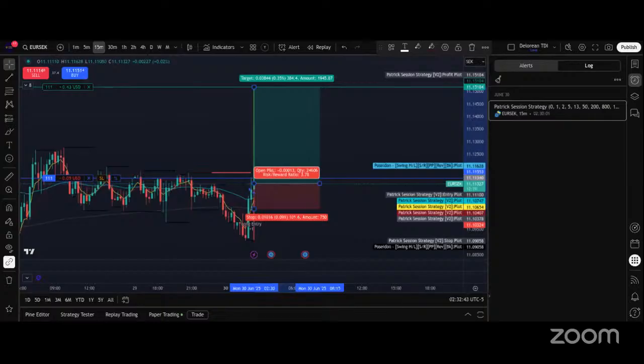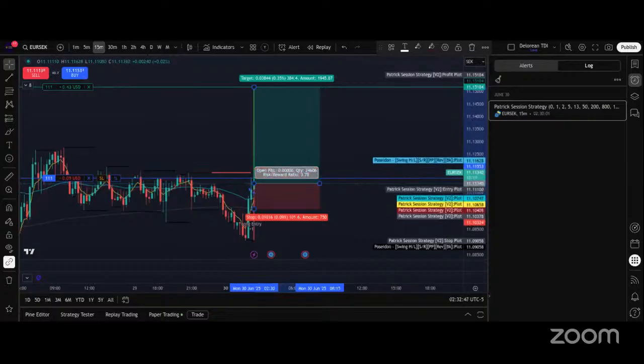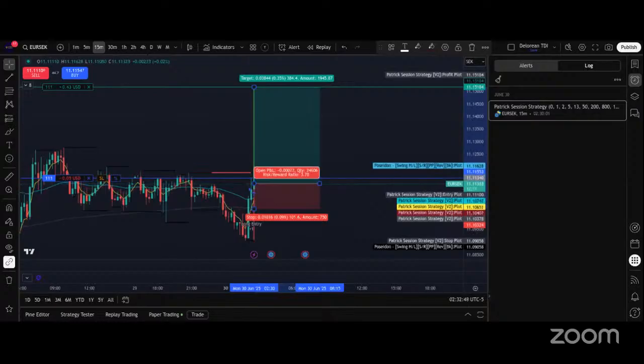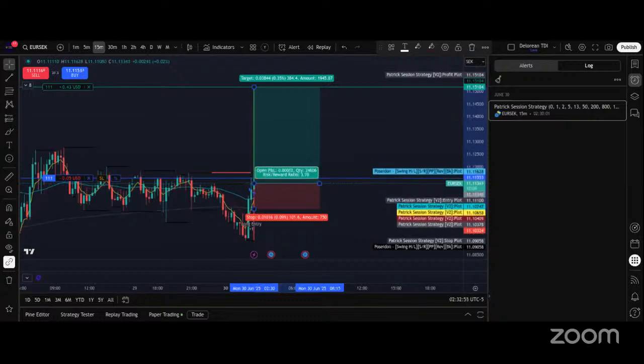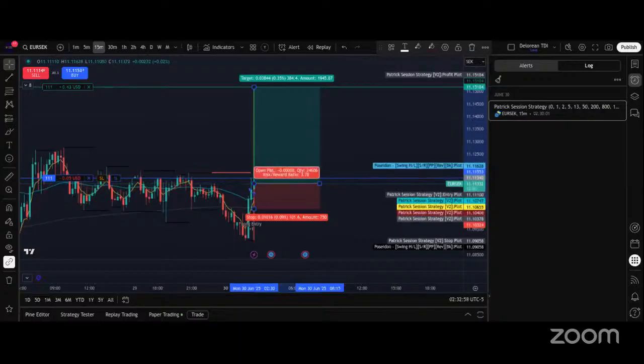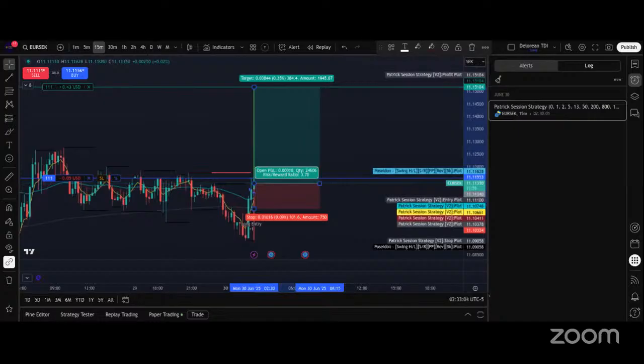All right, your next call on the night. This is a crypto perpetual. Sorry, this is a foreign currency exotic trade. This is the euro versus the Swedish krona, EURSEK. 15-minute confirmation. Market execution buy. Entry price is 11.11340.